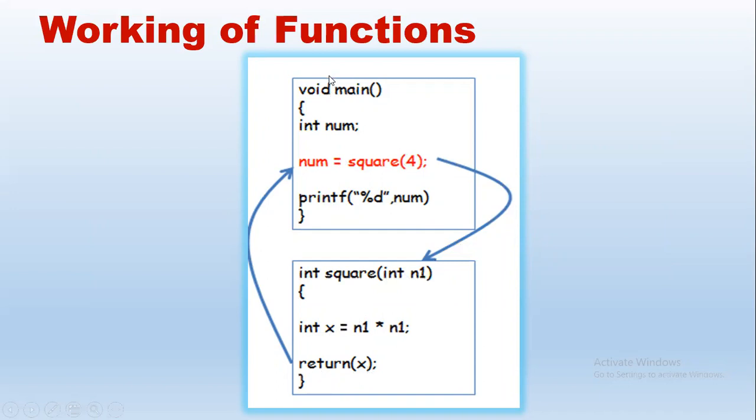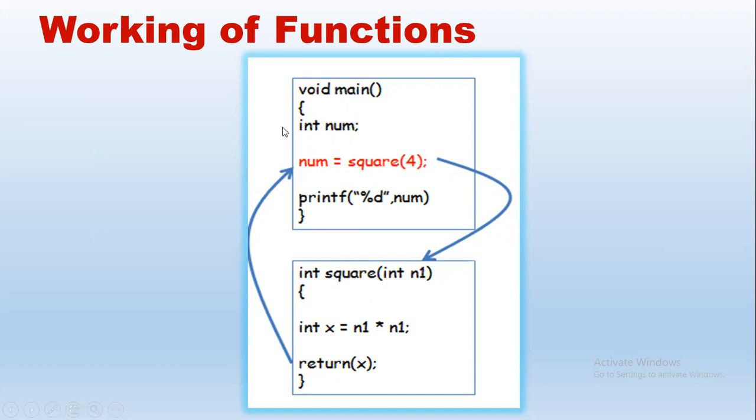How does this work? Control always starts from main. This is the function definition. It may be defined before main or after main. The only thing is, if we are defining it after main, this line, int square(int n1), should be mentioned before main and after #include <stdio.h>, so that the compiler knows there is one function called square which is defined after main.